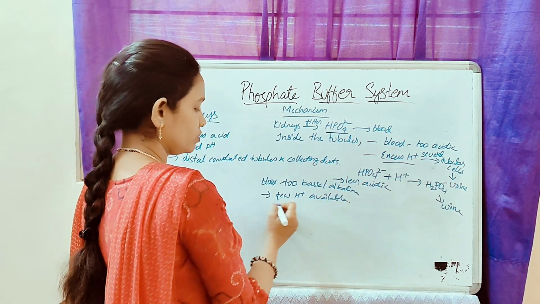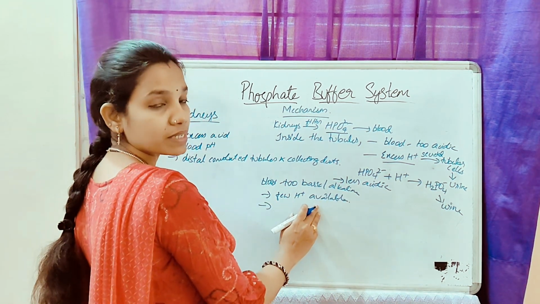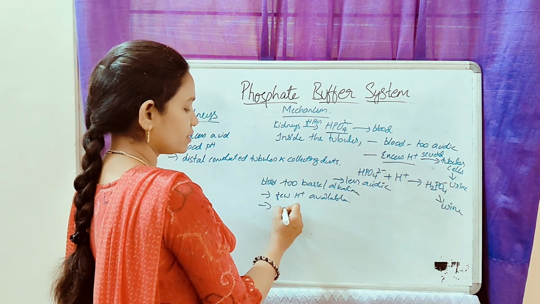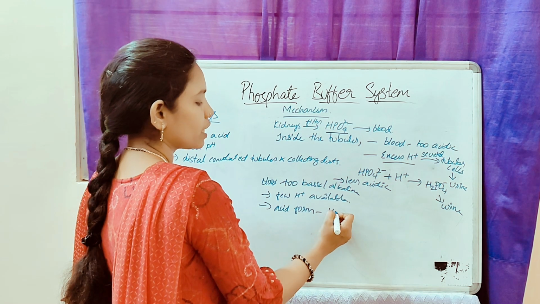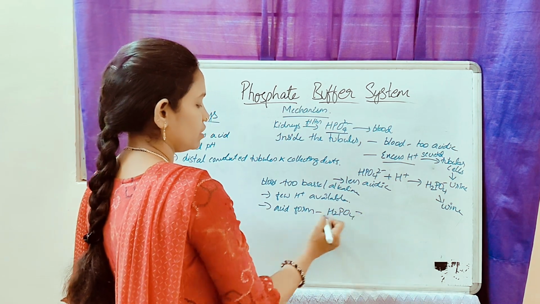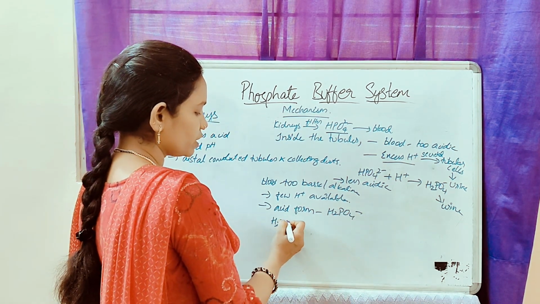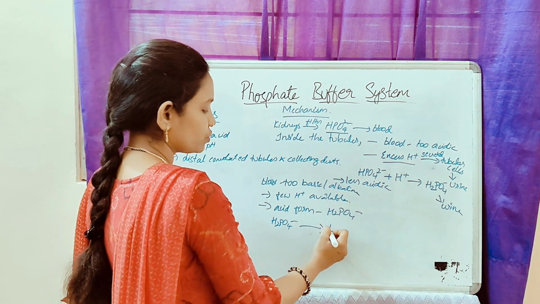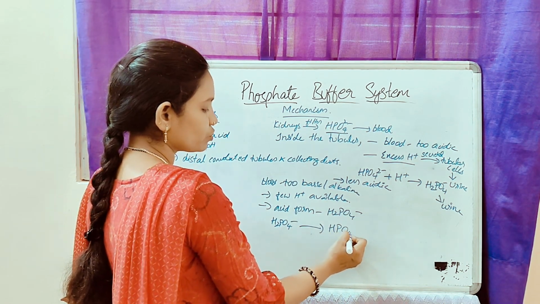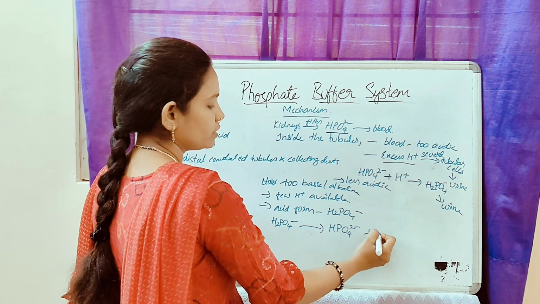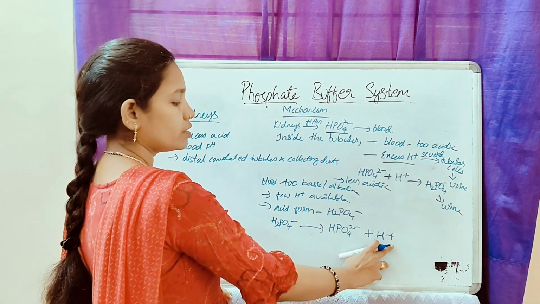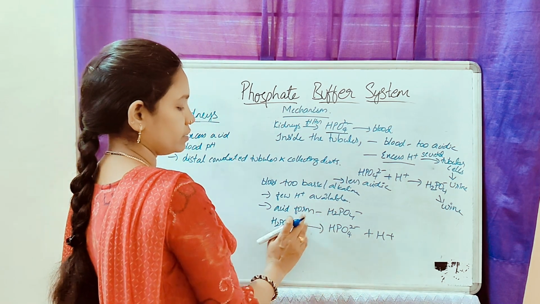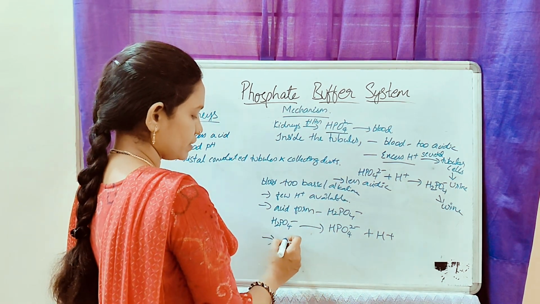Now in order to balance the H plus ions, again we have to take the acid form. What is the acid form here? Dihydrogen phosphate. Now this dihydrogen phosphate dissociates to monohydrogen phosphate and hydrogen ions are released into the blood to balance.